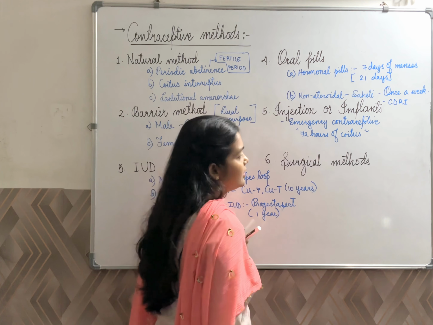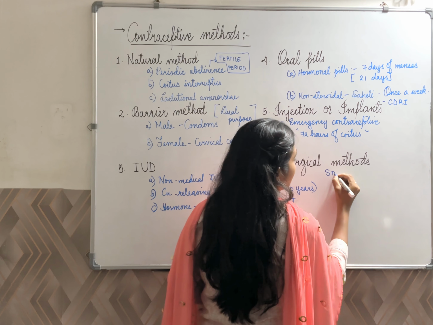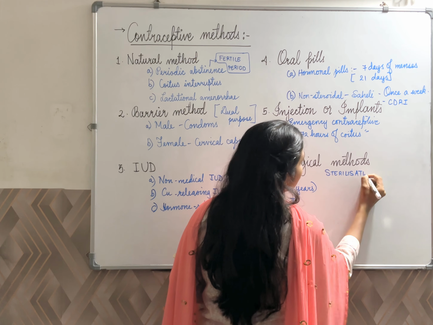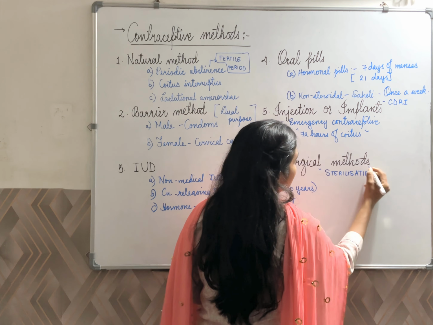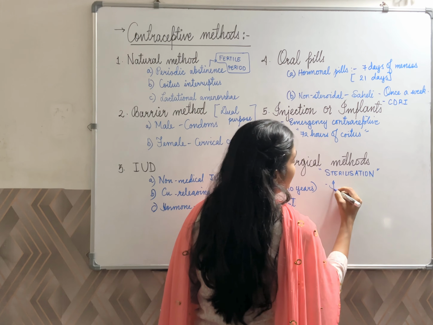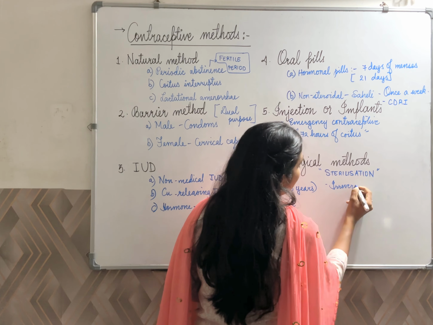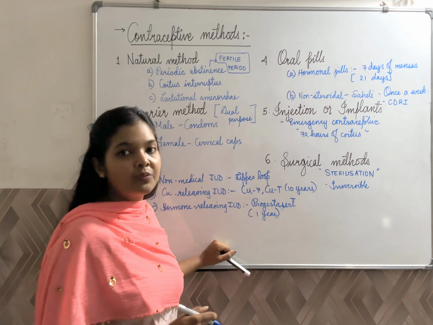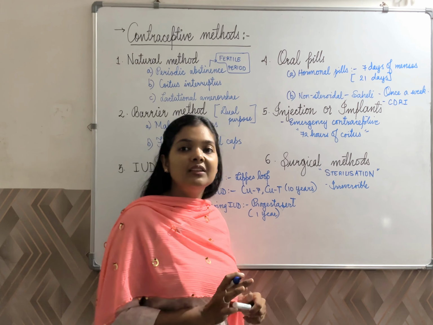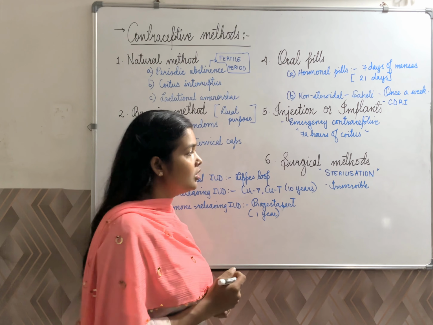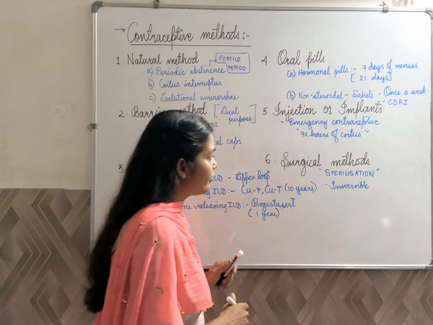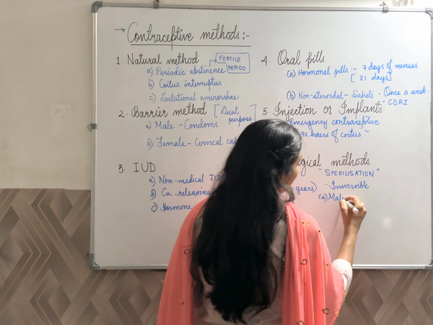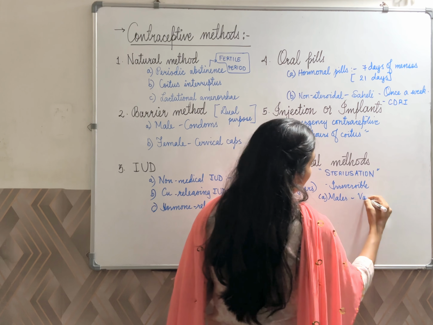Now about surgical methods. Like I said previously, this is called a sterilization technique. Why is this termed sterilization? Because this is the only one which is irreversible. Being irreversible means once this method is undertaken, the person will not be able to conceive again. So chances of pregnancy become zero after this. Now here in case of males, the technique used is called vasectomy.